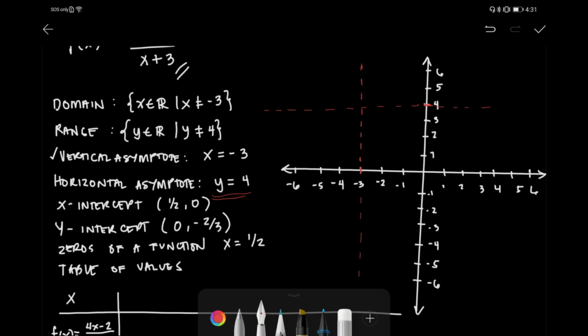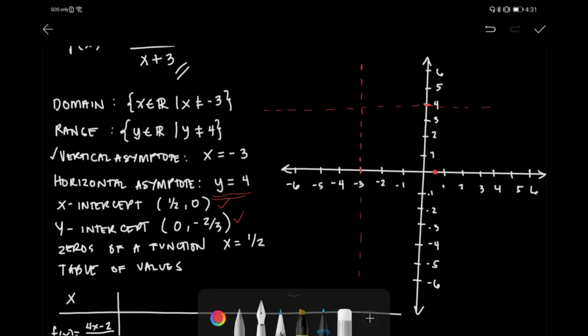Then where are our x-intercept and y-intercept? Our x-intercept is 1/2 and 0. So where is 1/2? Here is 1/2 and 0. So in this plot, here is our x-intercept. Our y-intercept is 0 and negative 2/3.